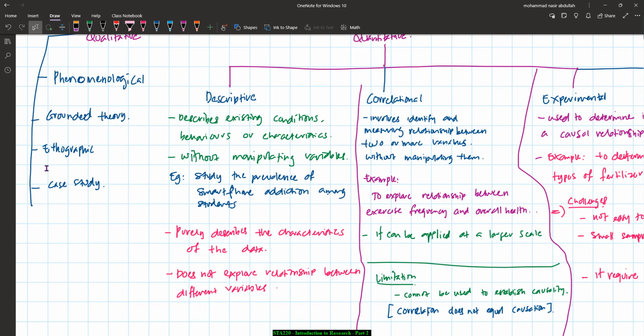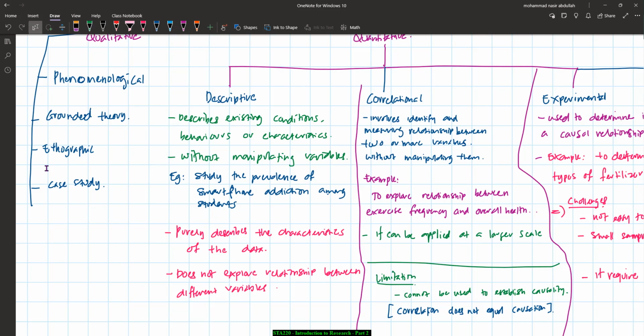So basically, as I said, we just need to do in-depth interviews, and we can also use open-ended questionnaires to get the perception, the opinion, and the emotion or behavior of the participants.